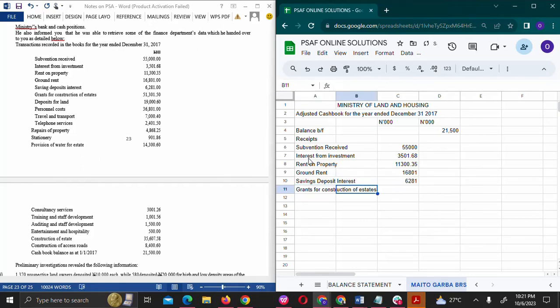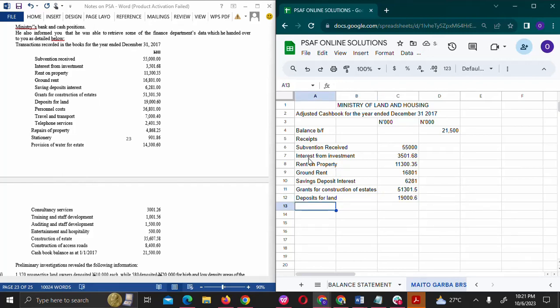It's also an income, right? 51,601.5. Then I have deposits for land, 19,000.60.